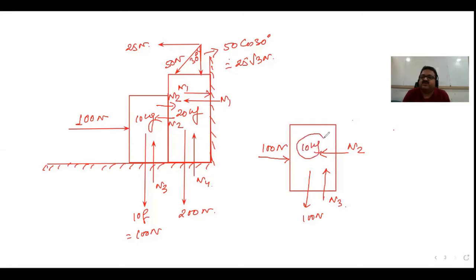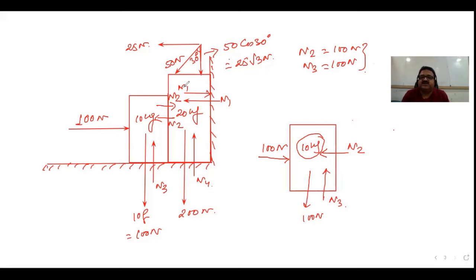Okay, forget about the rest of the system. Now, if you balance it, you will find what? N2 is equal to 100 Newton and N3 is equal to 100 Newton. Since this body is in equilibrium, net force acting along x-axis as well as y-axis is equal to 0. Okay, this is the net force. This is the free body diagram for this mass.